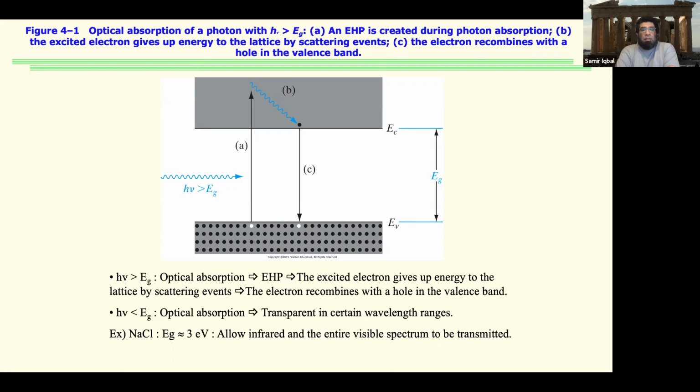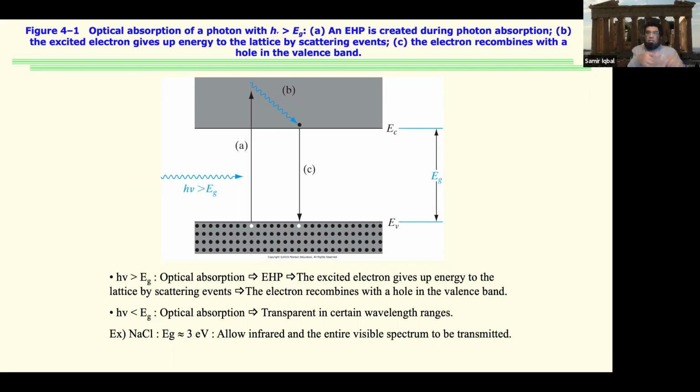Number one is the energy of the incident photon, like it is shown in this view graph. That energy has to be bigger than the band gap of the material, right? So when you are projecting the light, maybe we have white light where a bunch of wavelengths are going, or maybe monochromatic light where only one wavelength is going.